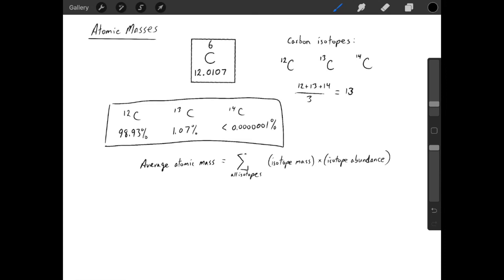So we'll do the calculation for the different carbon isotopes, and we won't use the mass numbers, we'll use the actual masses of each isotope. And you find that the weighted average mass is approximately 12.01, which is very, very close to the value on the periodic table.